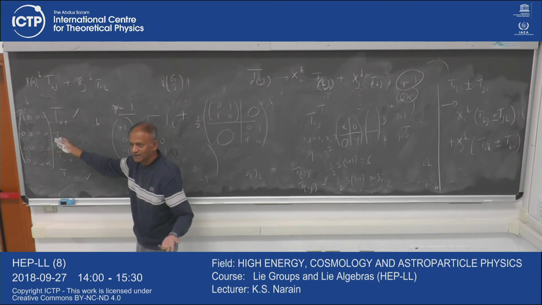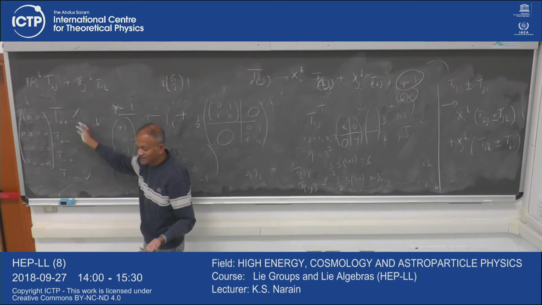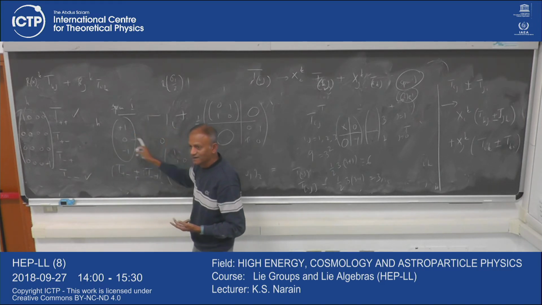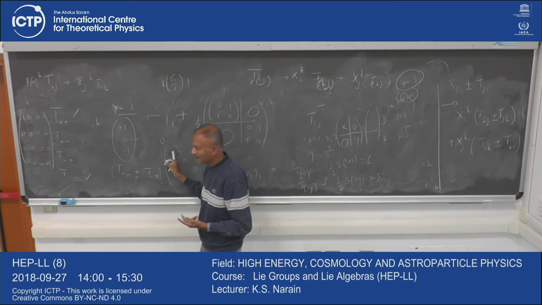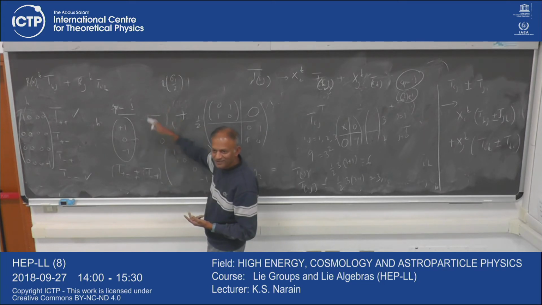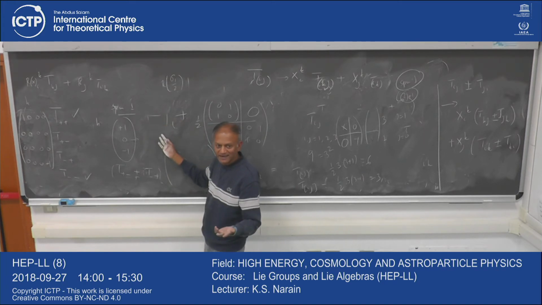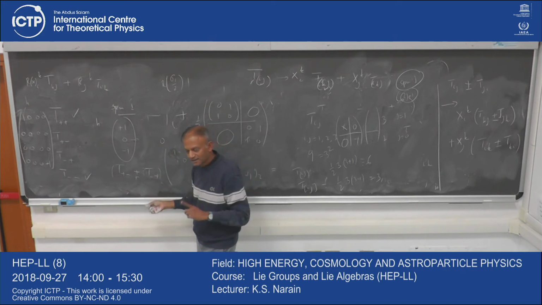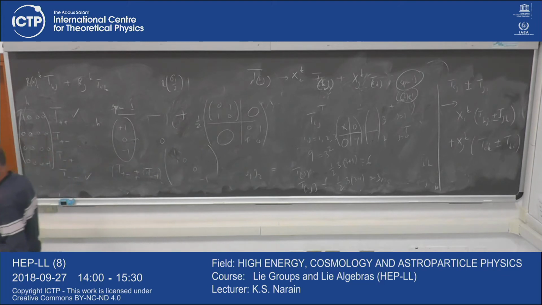How many states are there with H quantum number 0? There are 2. Here I've taken care of 1. So one more is left over. But this has nowhere to go. There's no sigma plus or sigma minus acting on it. So it must be the spin 0 representation. So the antisymmetric state will be the spin 0 representation.